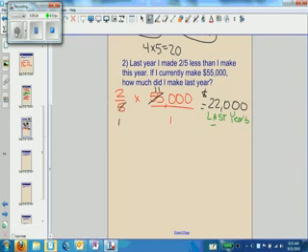So this is $22,000, how much less than we made this year. So this is the amount less than what we made this year.